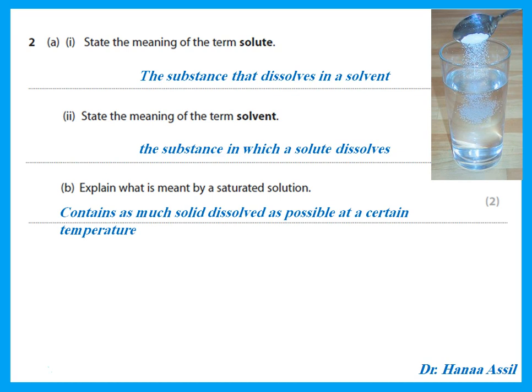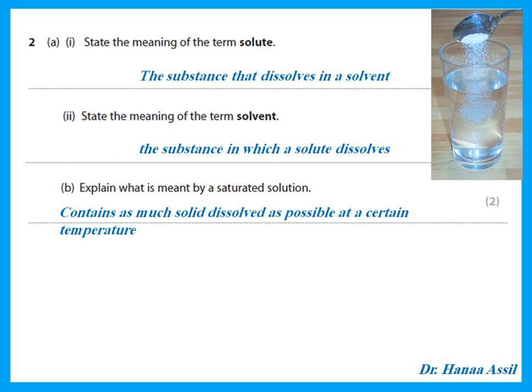I'm going to remind you again that the word saturated has two meanings in our syllabus. If we're talking about a saturated solution, that is a solution that has as much solid dissolved in it as possible at a certain temperature.